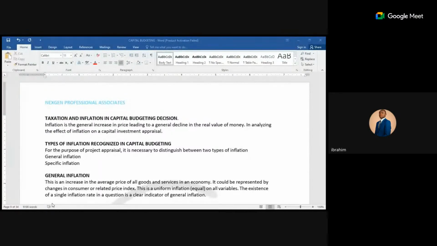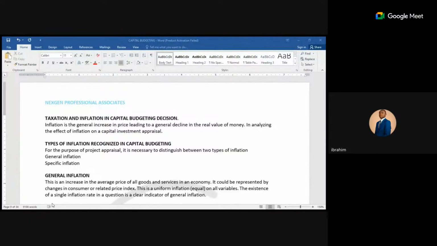Now, we already know that inflation is a persistent rise in the general price of goods and services, right? Now, what are the types of inflation under capital budgeting?